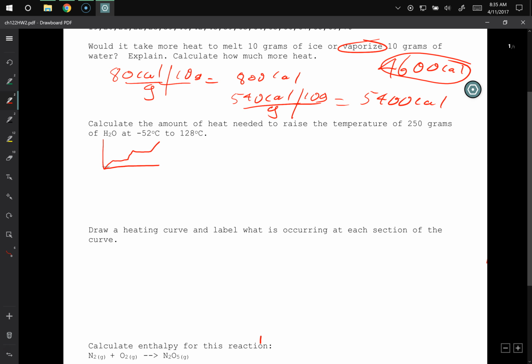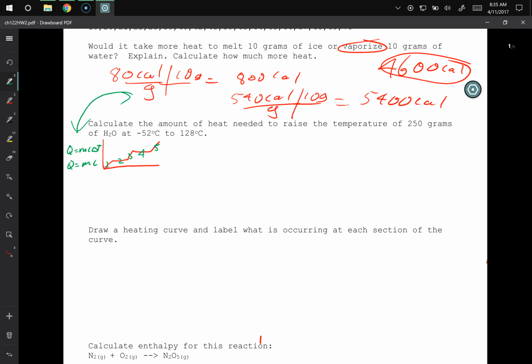There are 5 parts to this: a raising of the solid temperature, a melting, a raising of the liquid temperature, a boiling, and then a raising of the gas temperature. On the angled portions, you use the equation Q equals mc delta T, because there's a change in temperature. On the flat portions, since there isn't a change of temperature, we just use Q equals m times the heat per gram, which is the equation we have up top right here.